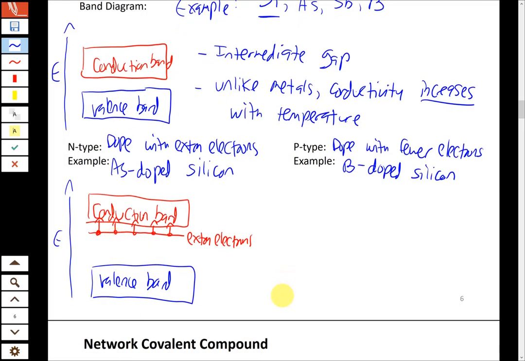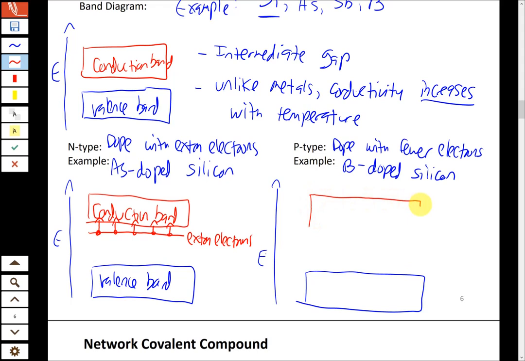And so the result of that is that we would have our valence band and our conduction band. So valence band, conduction band, as we normally do.